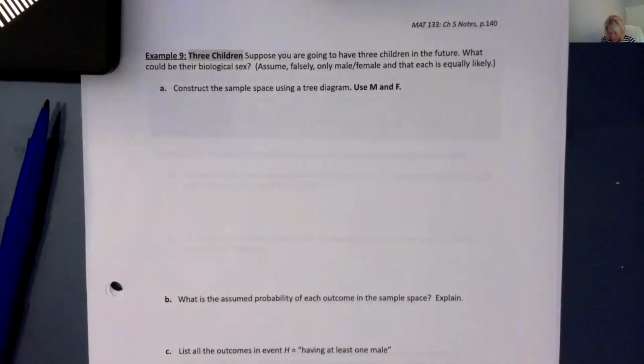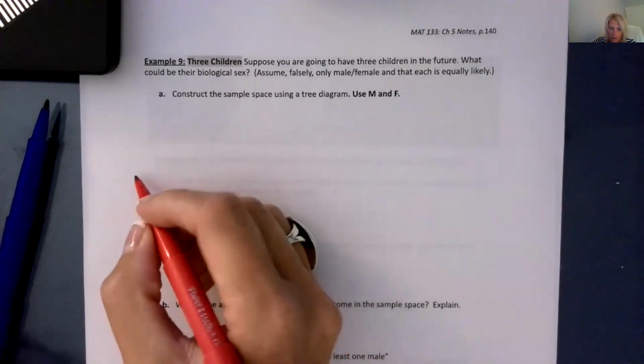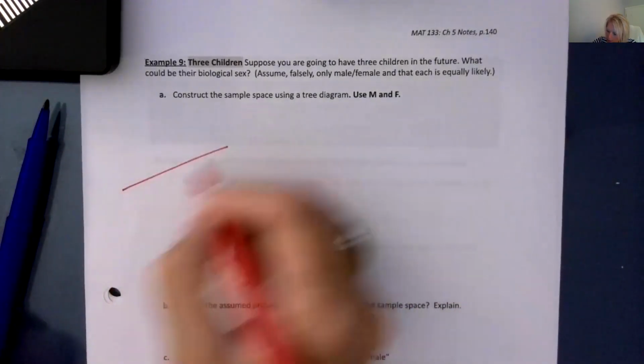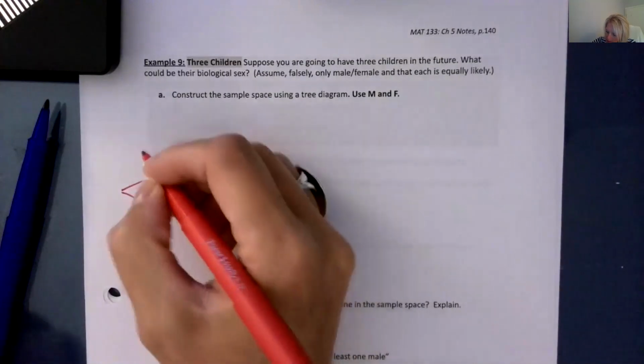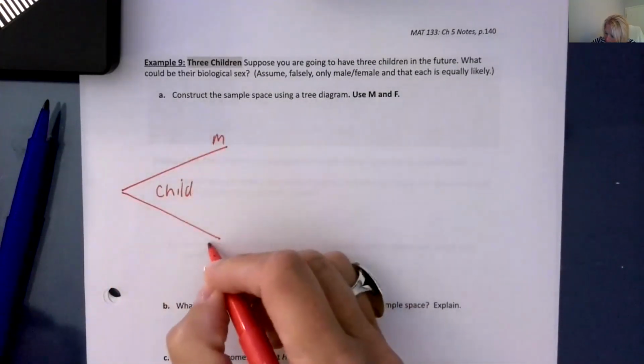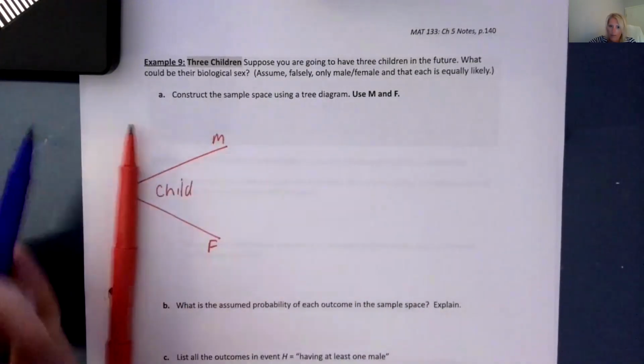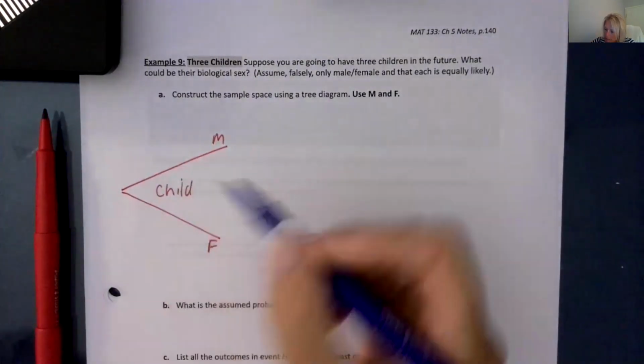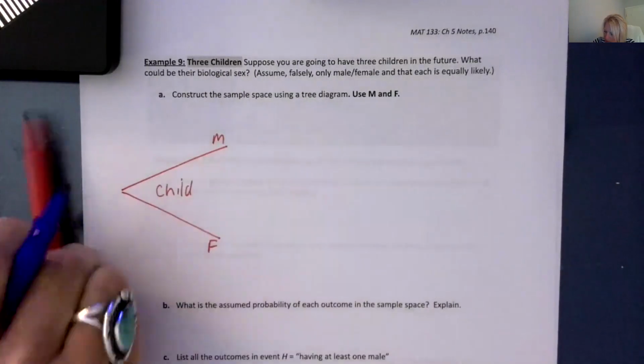Okay, so we have 3 children. The first child I'm going to do in red. So child 1 could be male or female. The second child I'm going to do in blue. So that's child 1.